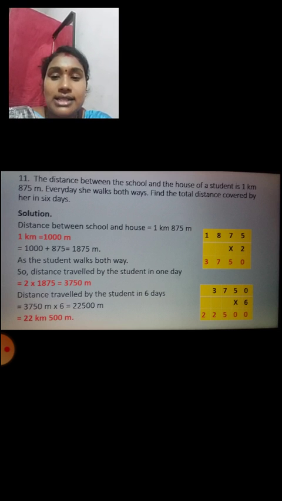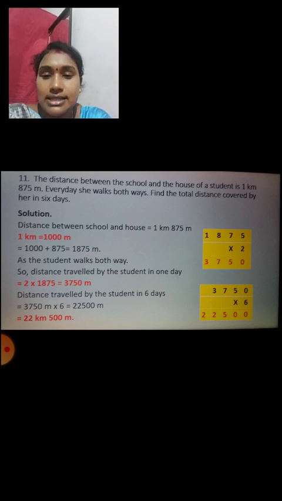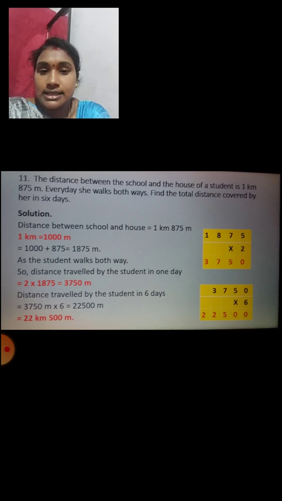So she is walking twice in a day. And we have to calculate the total distance covered by her in 6 days.